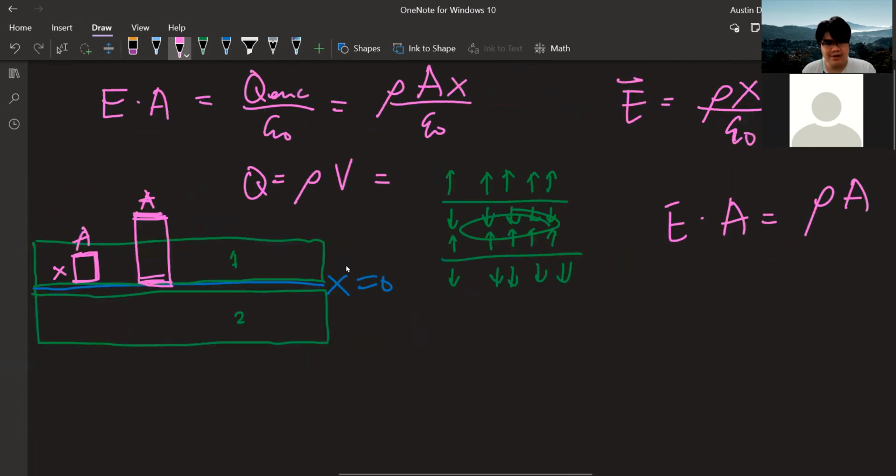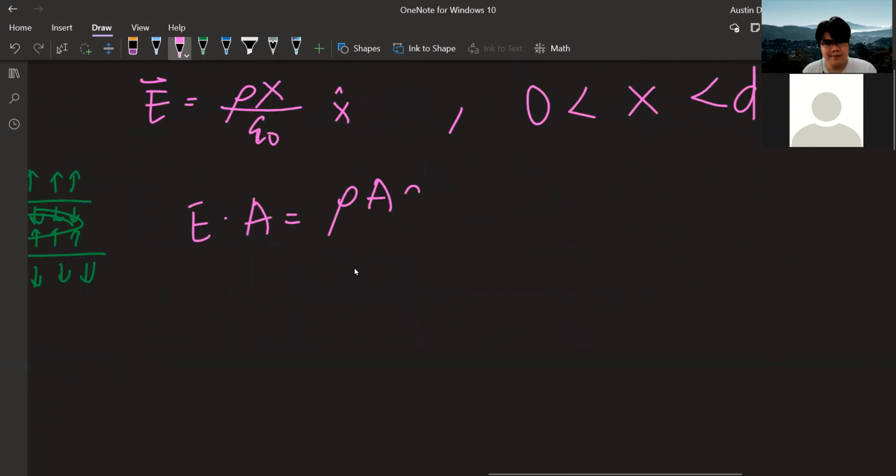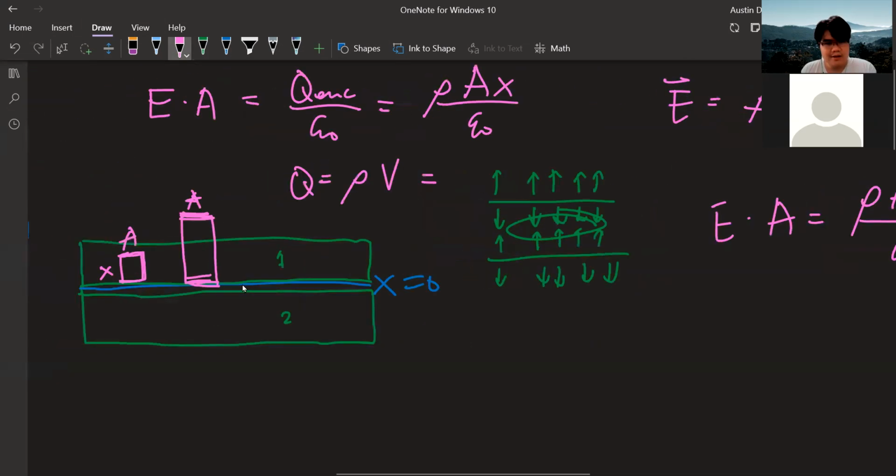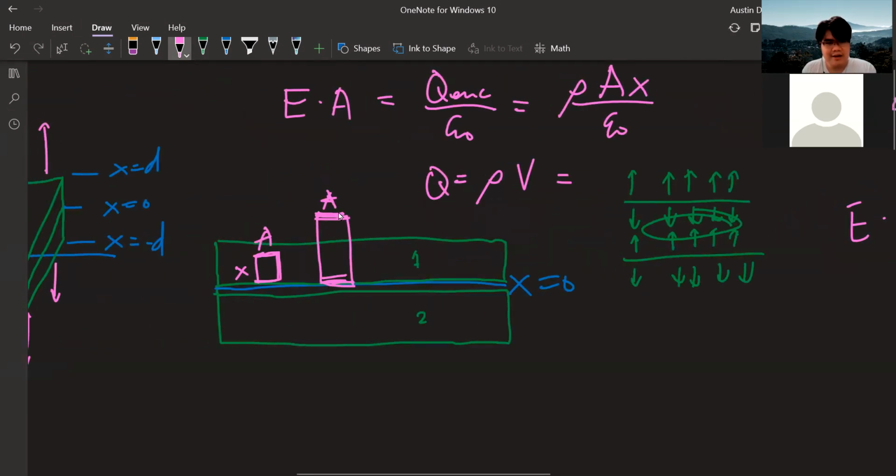Therefore, yung total charge would just be d. Okay? Kasi kahit na nandito na ako sa x is equal to d plus something, no, wala nang charge dito. Wala nang charge dito sa part na to. So, yung charge ko hanggang d lang siya.